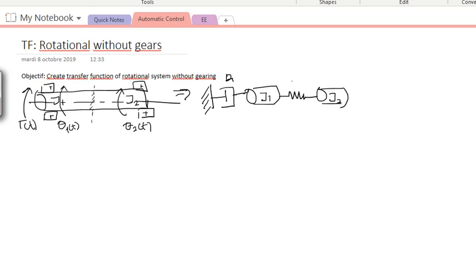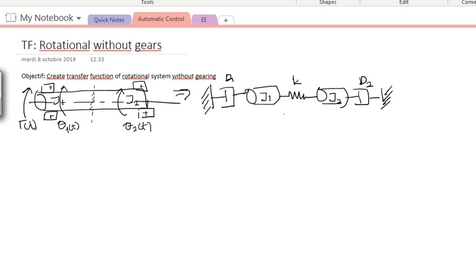So we model it as a spring with a spring coefficient K. And then on the right-hand side, we also have a viscous friction, now D2, and you have the bearing on the right-hand side. So the physical rotational system that we have is now modeled as such.